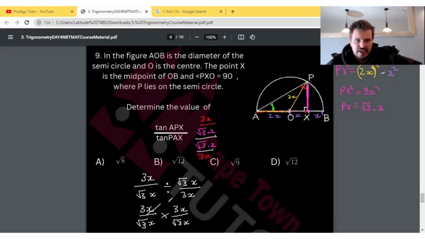Okay, and what happens? The x is all cancelled. We want that, right? Because we need a number. 3 times 3 is 9. Root 3 times 3 is 3. And 9 over 3 is 3. Okay, we don't have 3 as an option, but we have root 9, which is the square root of 9, which is 3. So it's C.